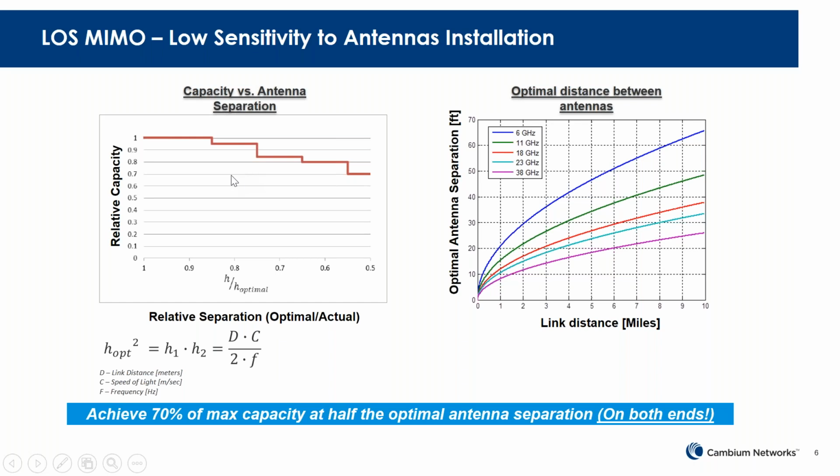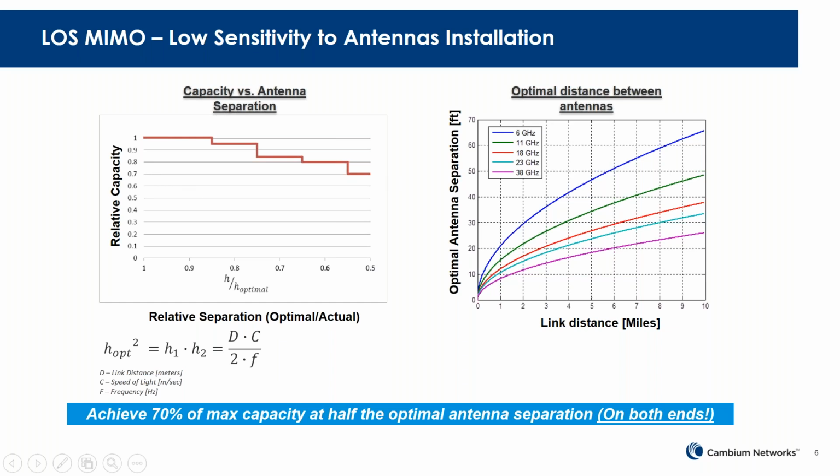What you can do is look at the chart on the left hand side. If you are only 50% optimal, you can still achieve 70% of the capacity. So basically, it's very flexible.